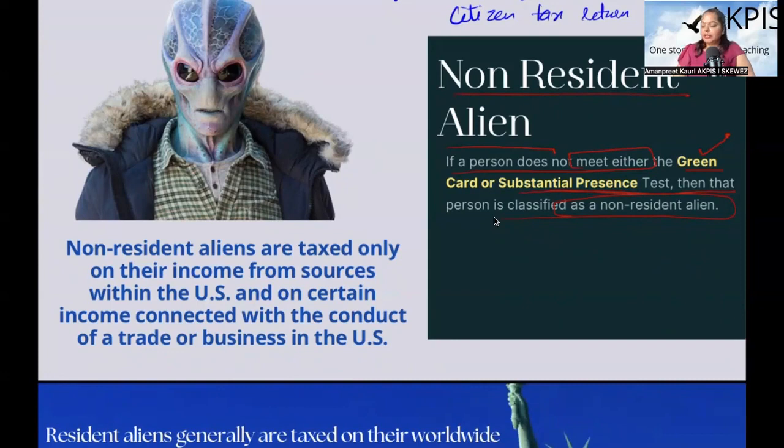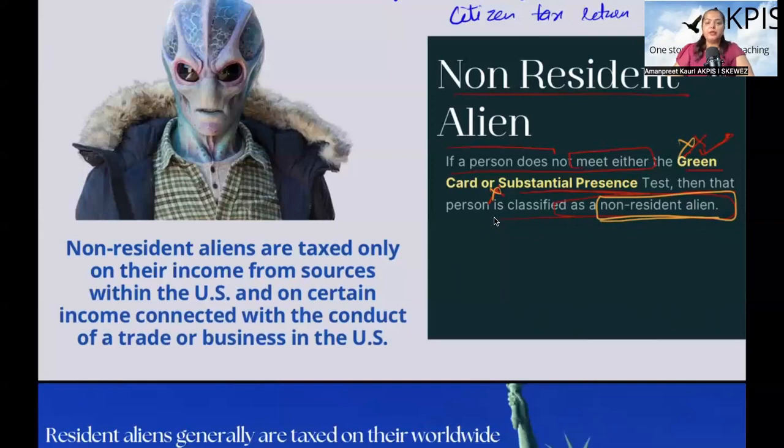So if you do not satisfy the green card test, and even not the substantial presence test, right? You're not meeting this, you're not meeting this. So in this very particular situation, you will be referred to or classified as a non-resident alien. You must be amazed. Why, ma'am, why are you telling us this?